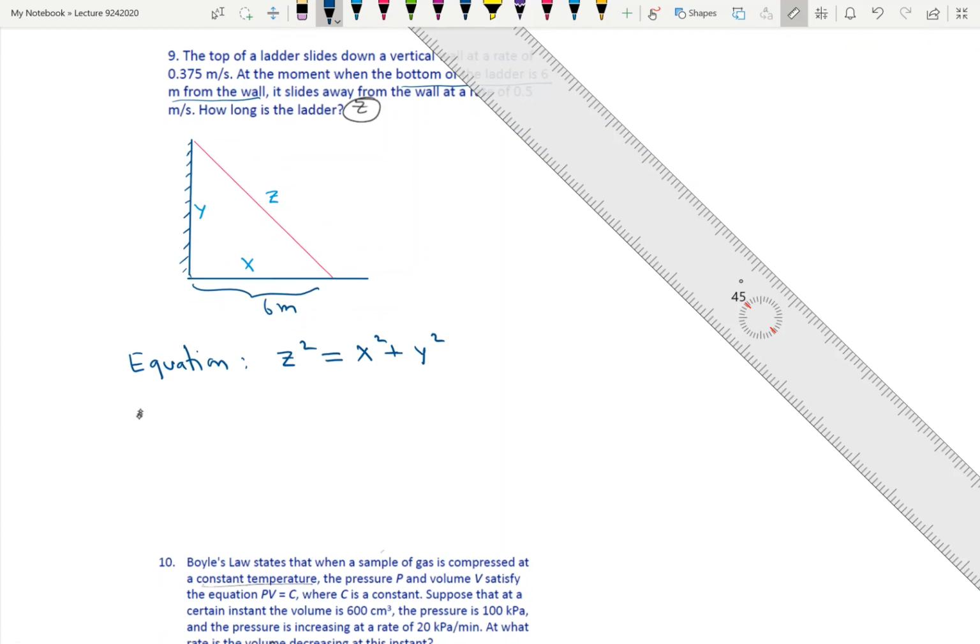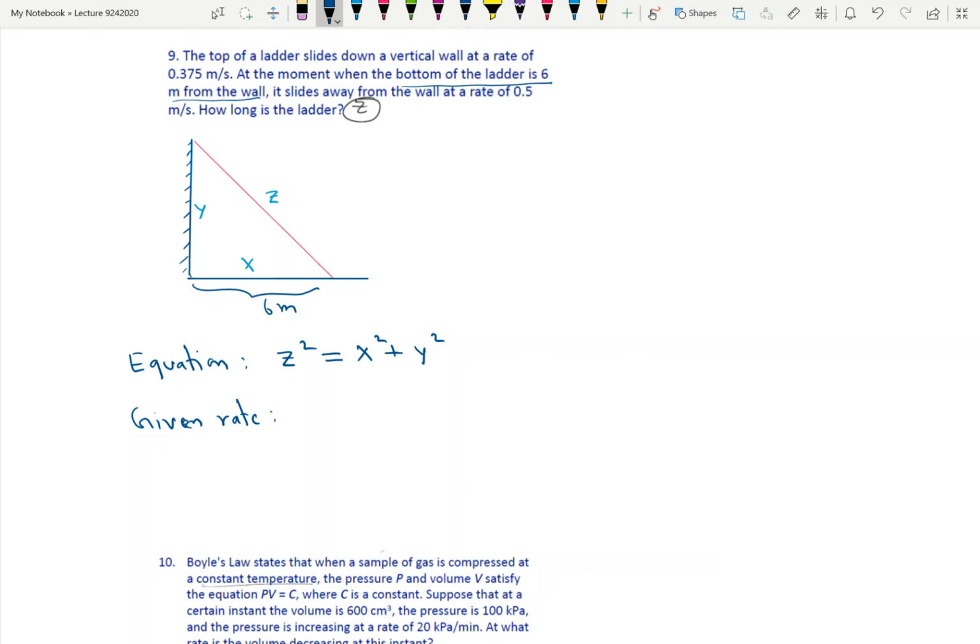And what is given? So given rate, the vertical wall at a rate of 0.375 meter per second.